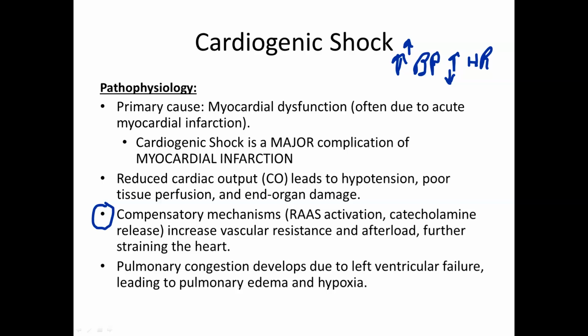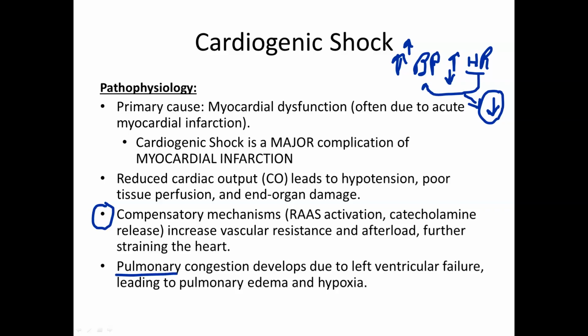What's going to happen then, because cardiac output is heart rate times stroke volume, and that's part of your blood pressure, is that over time, when those compensatory mechanisms fail, both the heart rate and the blood pressure are going to start to trend down. So we're trying to prevent that. We're trying to catch it in the initial stages of shock.